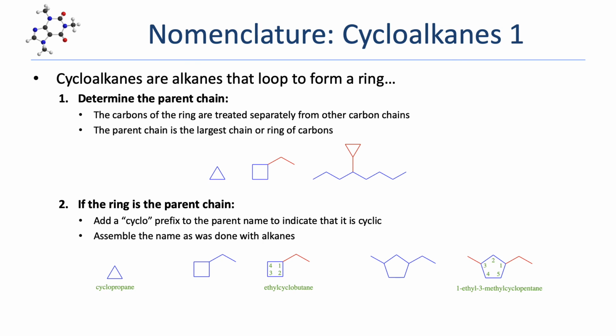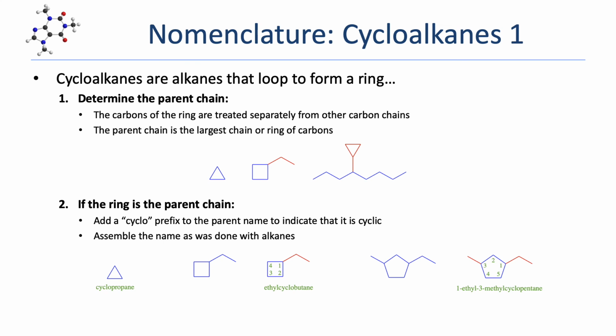In the next example, we've got just a 5-membered ring. We've got 2 substituents in this case, right? And they're both smaller chains, a 1-carbon chain and a 2-carbon chain. So yes, the ring is the larger group. So this is going to be a disubstituted 5-membered ring, or cyclopentane. And because we have 2 substituents, we could number either of those as 1. And there are no other substituents there to break that tie.